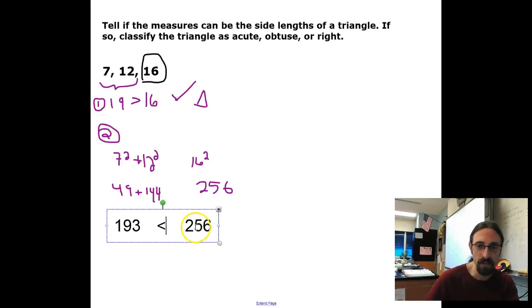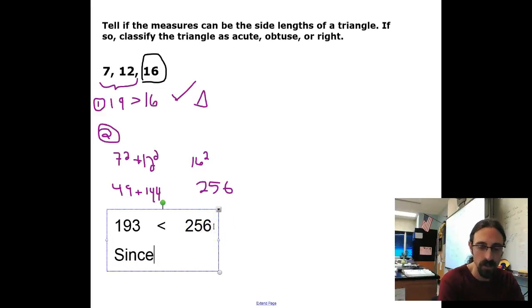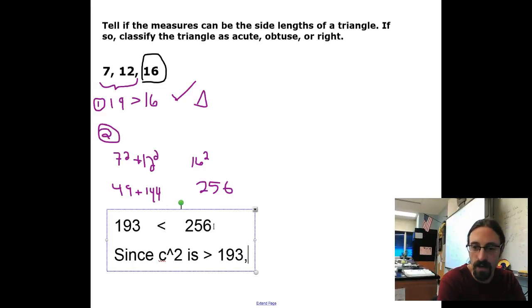So the other way to put that is c squared, 256, is greater than a squared plus b squared, 193, so this has to be obtuse.